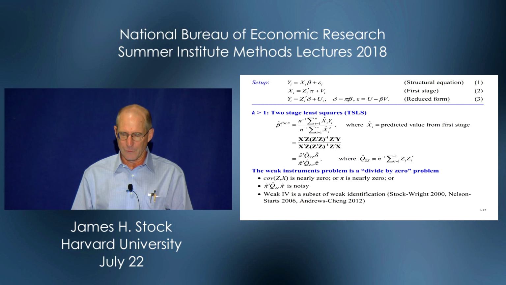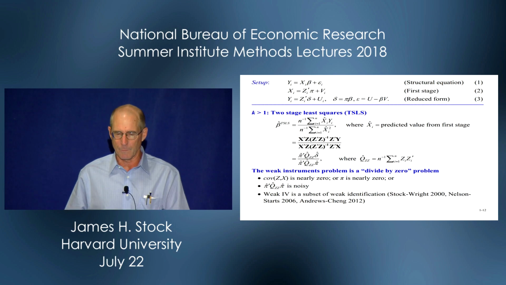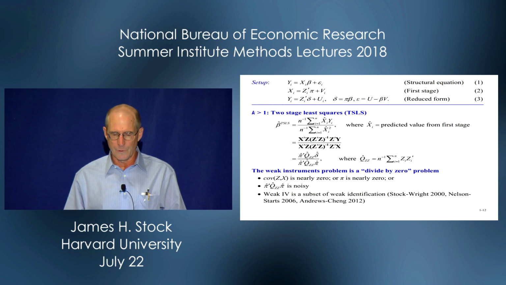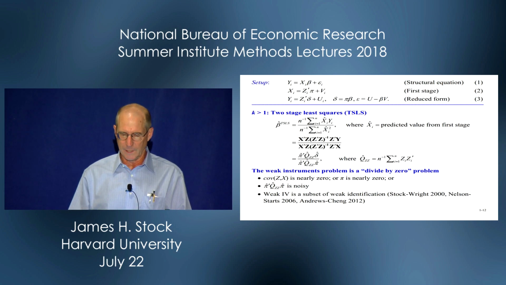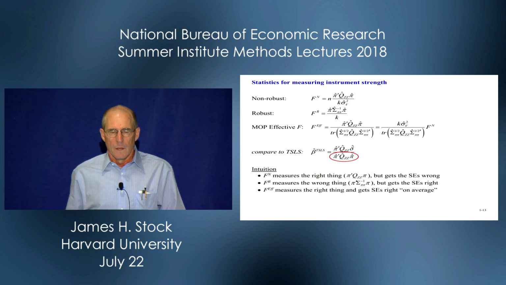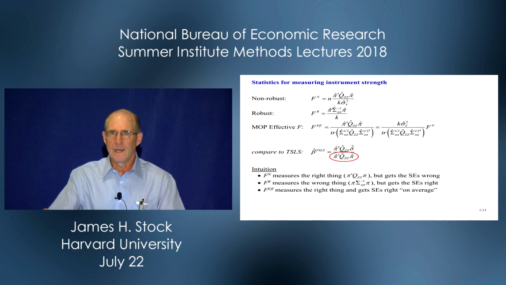There are some nice papers on that: the Nelson and Startz paper, 2006, Journal of Econometrics, and then an Andrews and Cheng Econometrica paper that go through this much more general area, with a much more general treatment. We're not doing that.